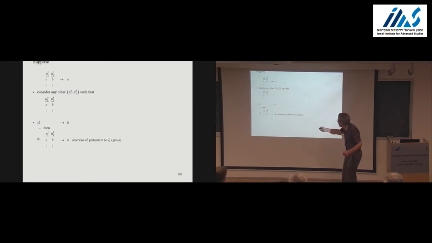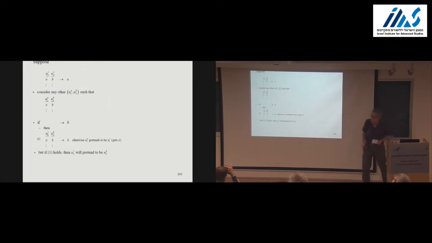For this profile he gets b. Here he gets a, which he prefers. So we can't have b as the outcome. That means that for any profile where 1 ranks a first and 2 ranks b first, the outcome must be a.